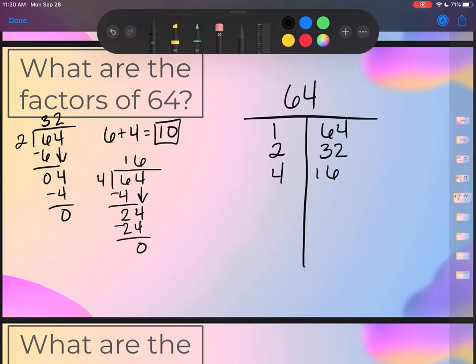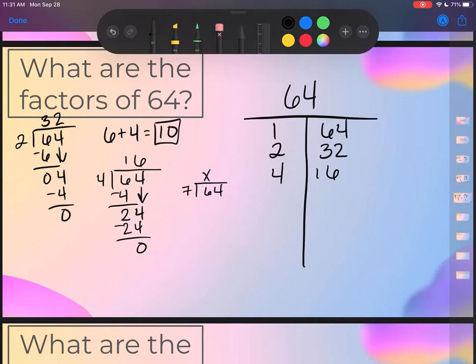Let's think about 7. If you can skip count high enough to 64 by 7, you can totally do that, or you can just do your division over on the side. Either way is totally fine, right? It turns out that skip counting would have been better. Let's think about it: 7, 14, 21, 28, 35, 42, 49, 56, 63.